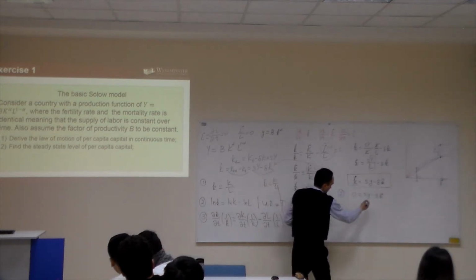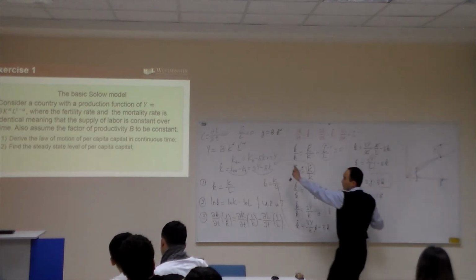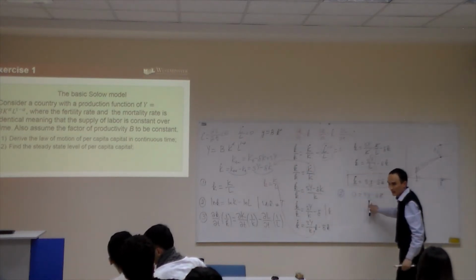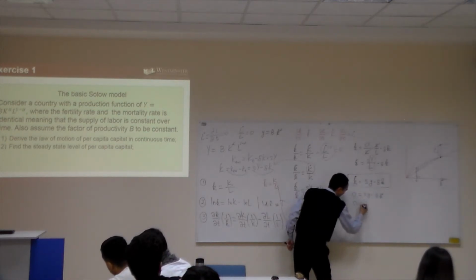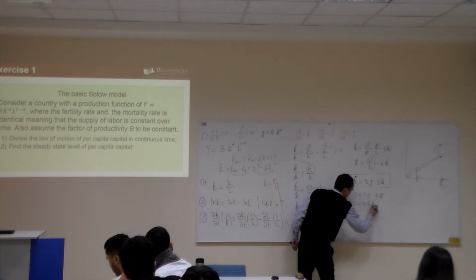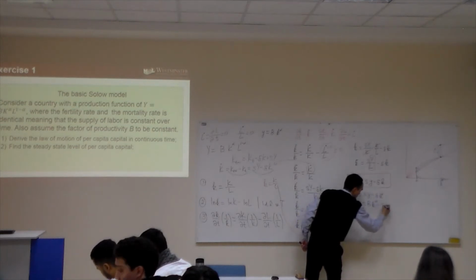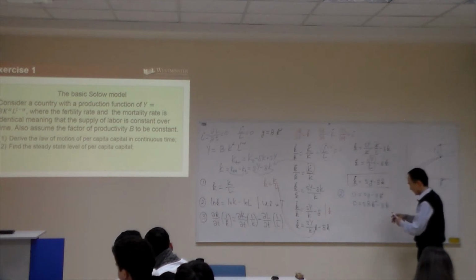So now what is our per capita output equal to? It is equal to technology times per capita capital in the power of alpha, right? We will plug it in here. 0 equals saving times technology times per capita capital in the power of alpha minus depreciation times per capita capital.